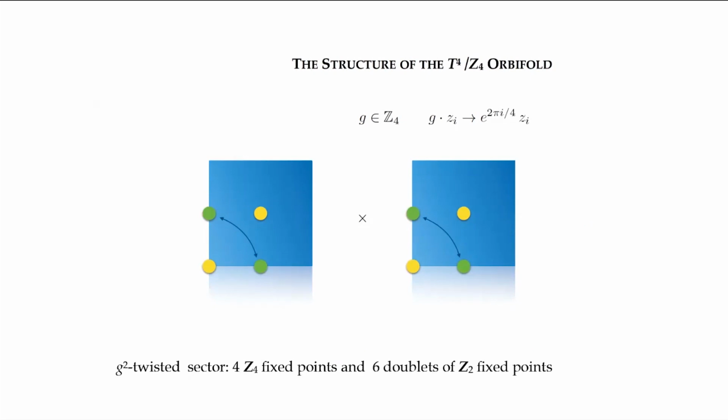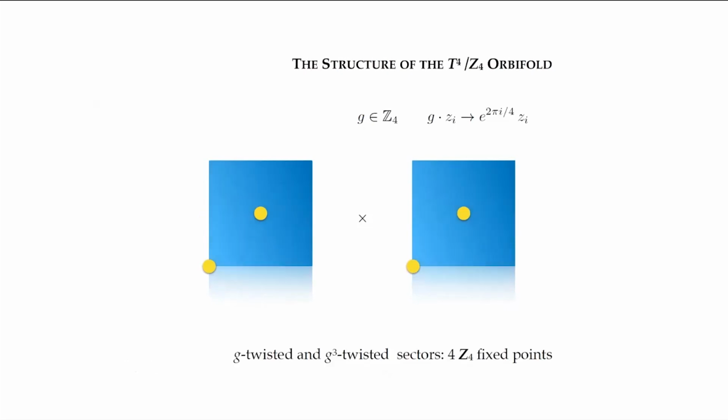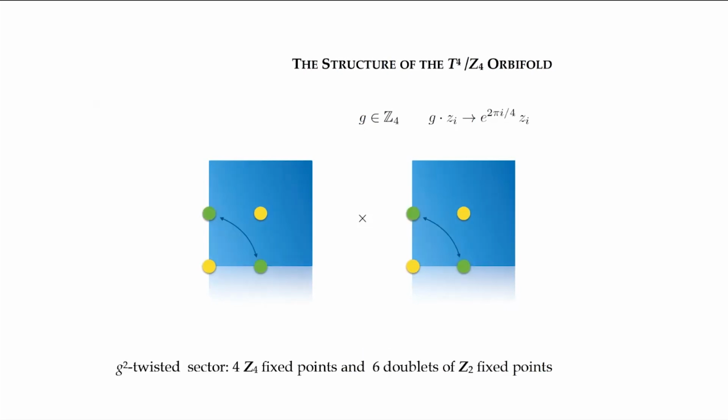But then you have to see how these Z2 fixed points are arranged, how they transform under the Z4 action. And then what you realize, again, is that the green and yellow ones are the Z2 fixed points, but the yellows also coincide with the Z4 fixed points that I had before, whereas the green ones, and okay, you have to take, of course, the product.